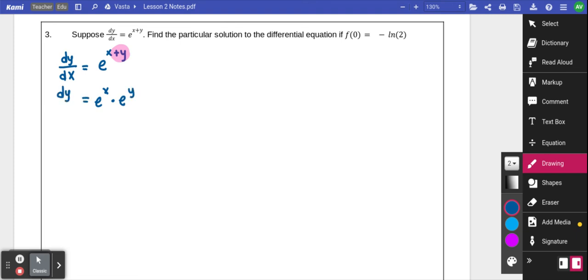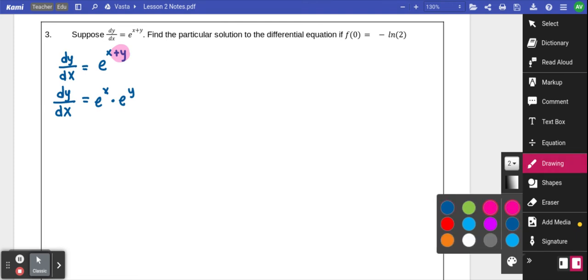The reason that's the case is because when we learned about exponents a long time ago, we said if you have a multiplication problem, you just add the powers. So if we see powers that were added, it must have originally come from a multiplication problem. Until you do that, you really can't separate the x and the y because they're both part of the same exponent.